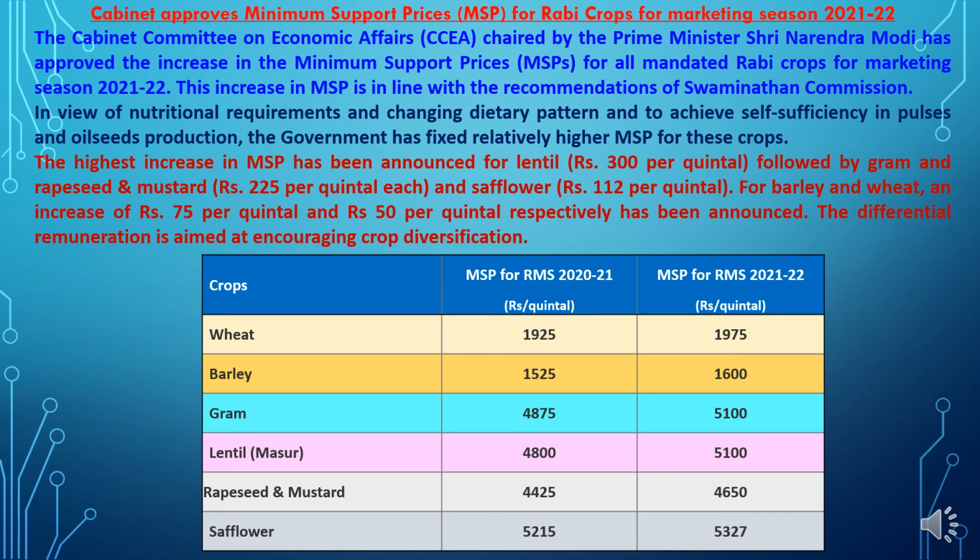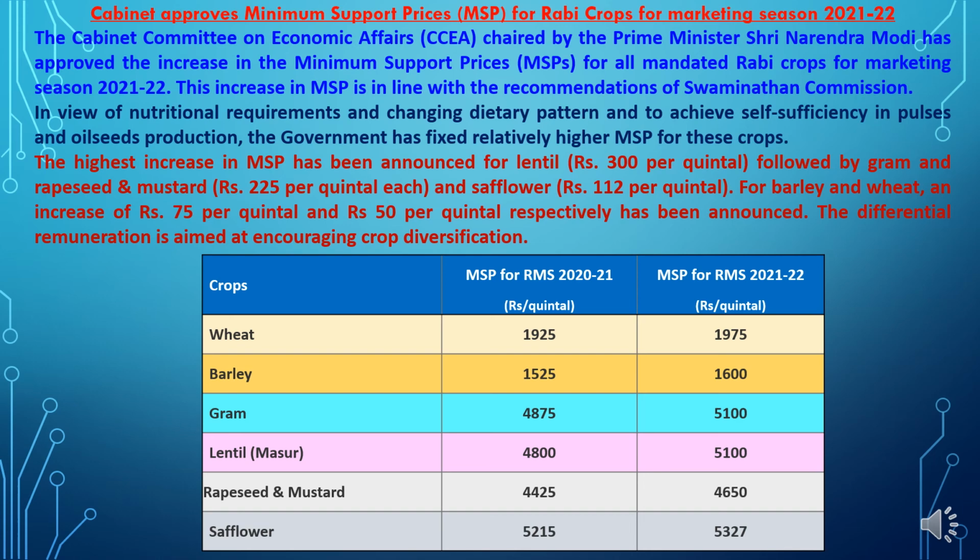This increase in MSP is in line with the recommendation of Swaminathan Commission. In view of nutritional requirement and changing dietary pattern, and to achieve self-sufficiency in pulses and oilseeds production, the government has fixed relatively higher MSP for these crops.